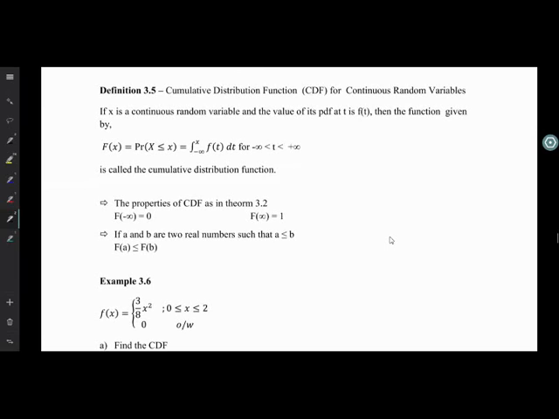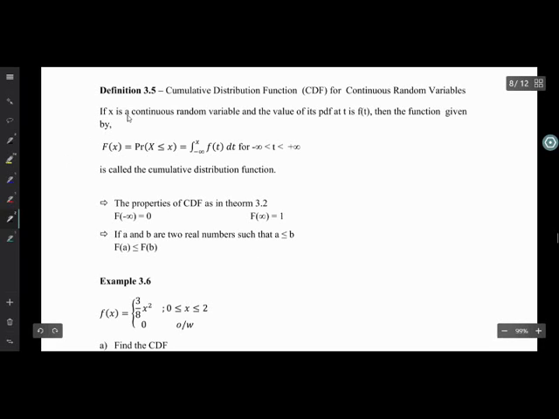Now we have to find the CDF, or the cumulative distribution function, for a continuous random variable also. We have already learned how to find the CDF for a discrete random variable. Now we will do the same for a continuous random variable.